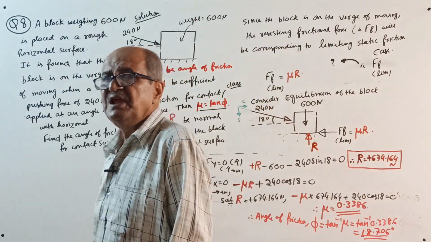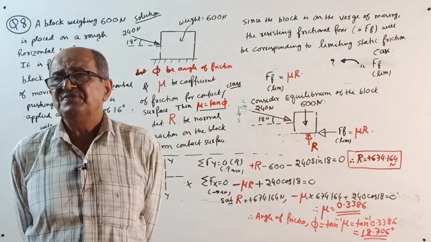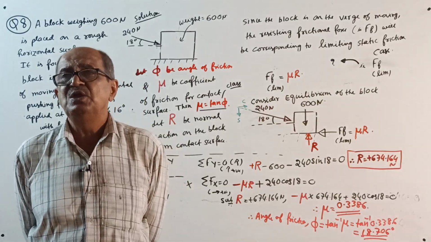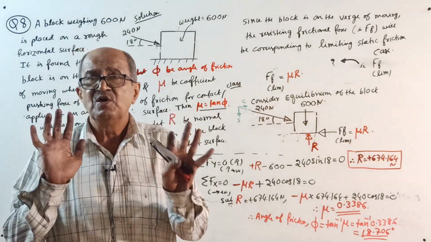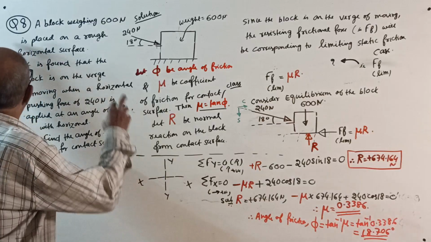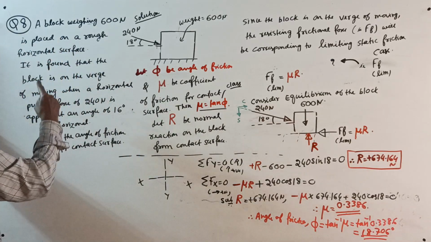Now, question 8. You take this as an independent question, but I used almost the same data because there is something I want to tell at the end of the 3 questions. Same question type, but you take it as independent.